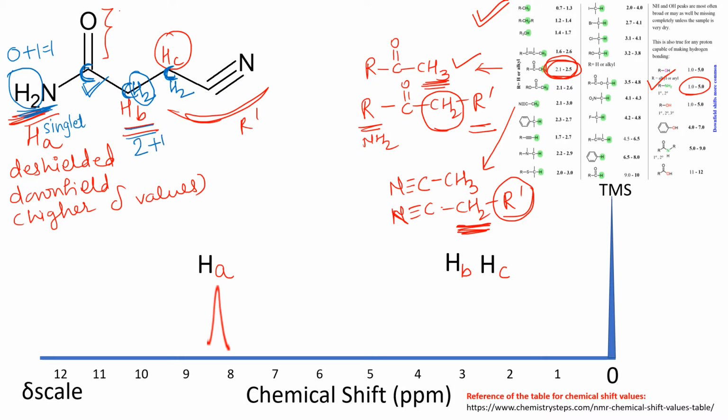So 2 plus 1, that means it is a triplet for HB. Now what about HC? HC has this CH2 adjacent to it, and on the other carbon there is no hydrogen. So for HC also, on the adjacent carbon there are two hydrogens. So 2 plus 1, this is a triplet for HC also.